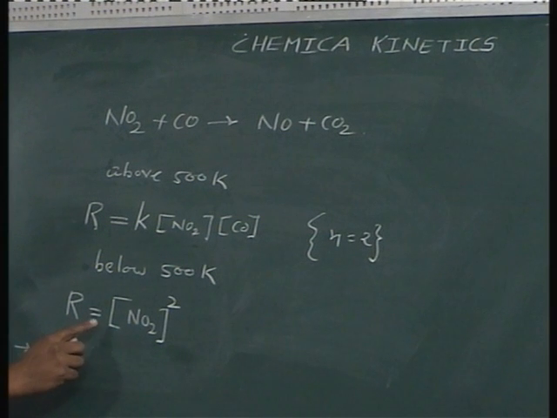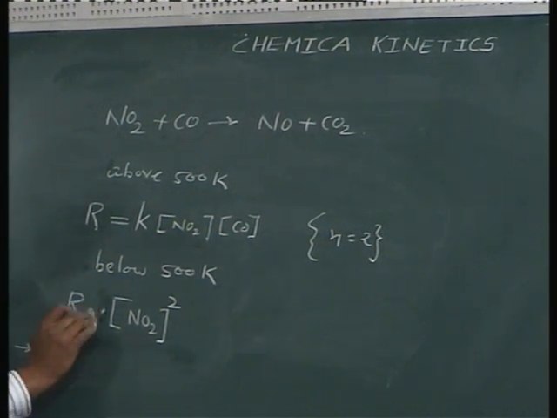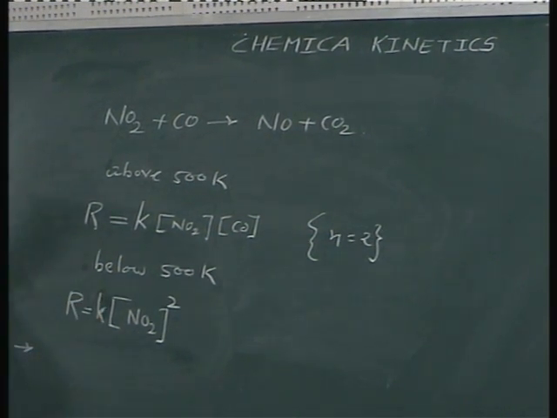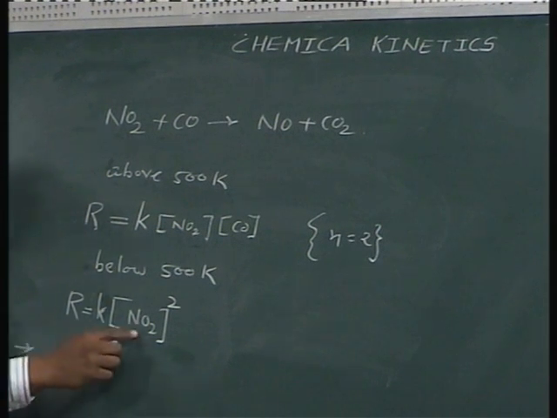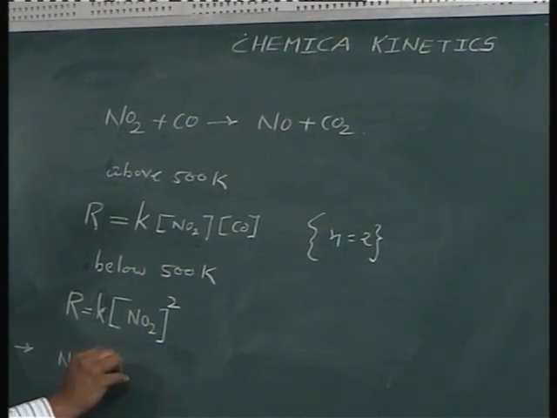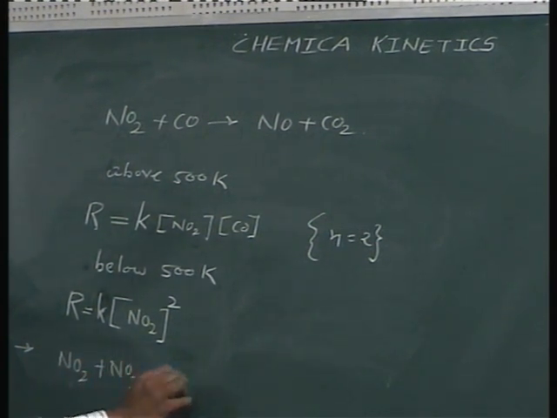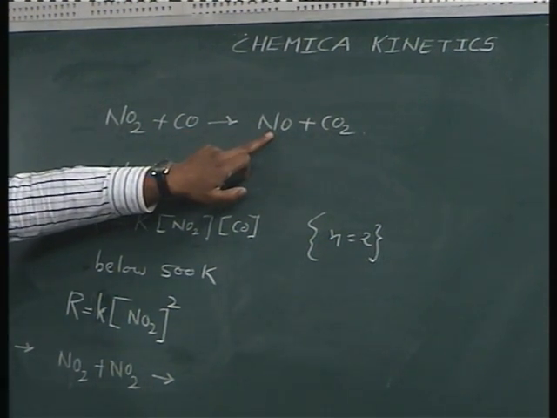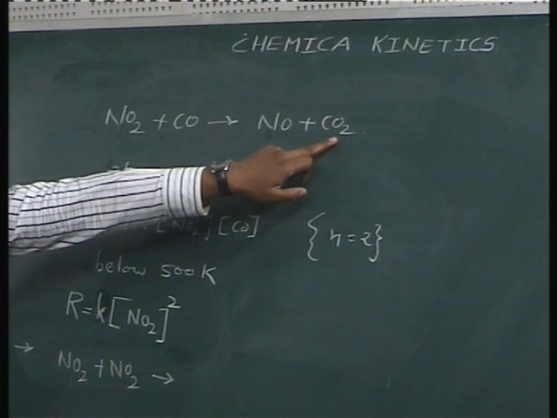See, the experimental rate law suggests that the slowest step involves the concentration of NO2 only, and therefore in the first step the NO2 will react to give products. Now see, here one desired product is NO and another is CO2.